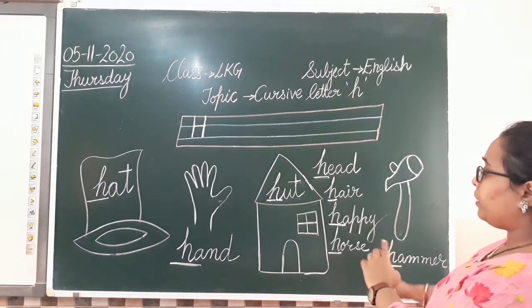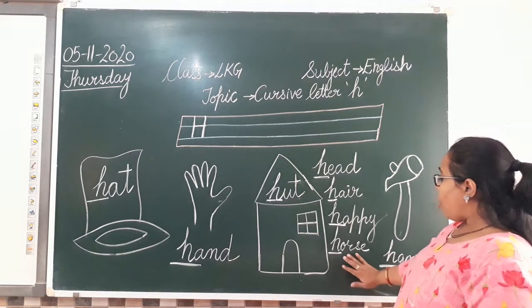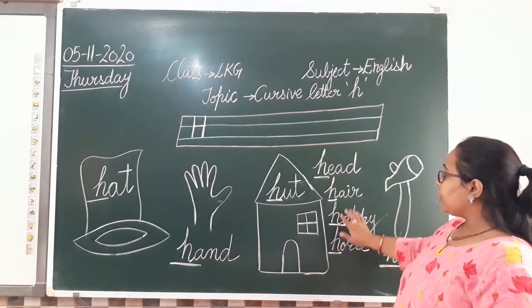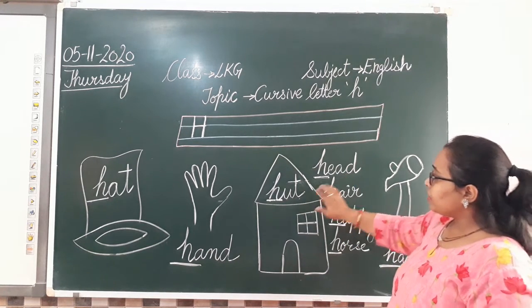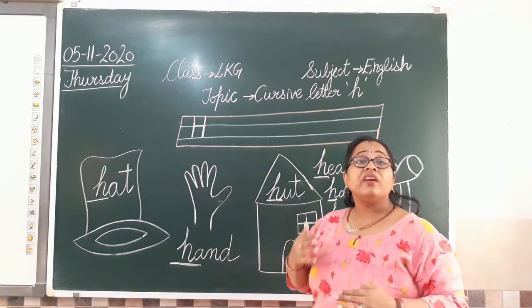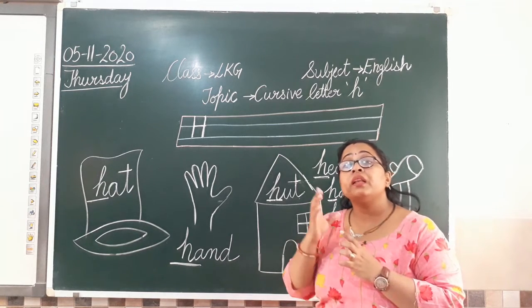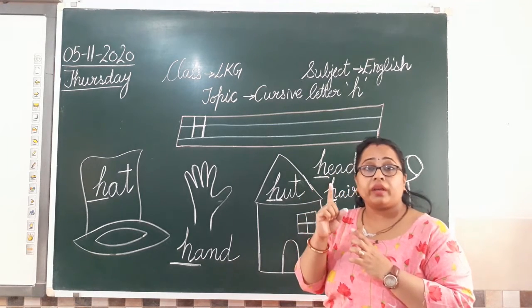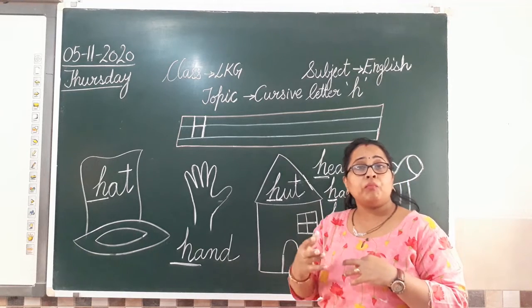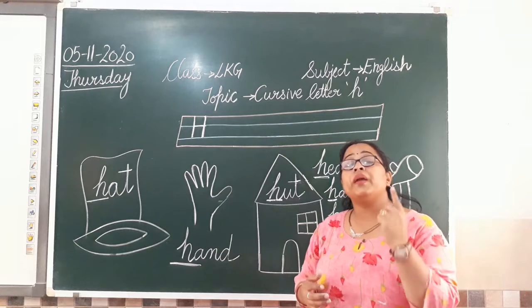Now look carefully here. Whatever names I have written, hammer, horse, happy, hair, head, hut, hand, hat, or we have hen. So what is the similarity? The beginning sound. इसकी जो first sound है, जब हम इन pictures का नाम बोल रहे हैं, so we are pronouncing the same sound in the beginning.